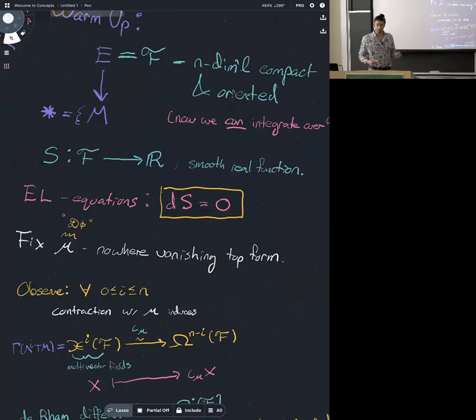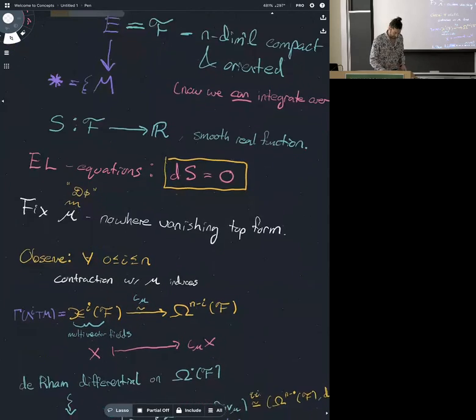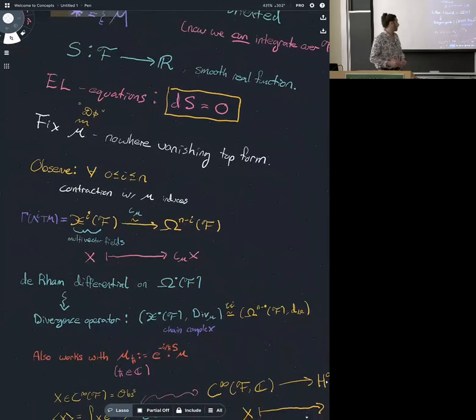So I get a nice chain complex on my multi-vector fields. And the derived differential becomes the divergence operator. That's how you define divergence.